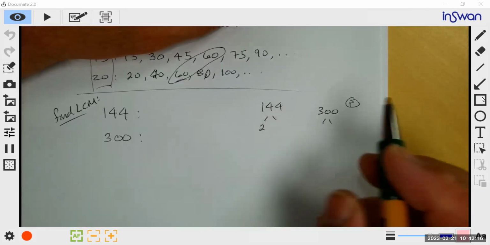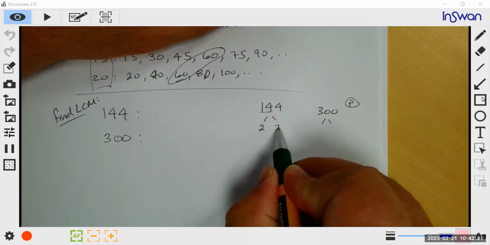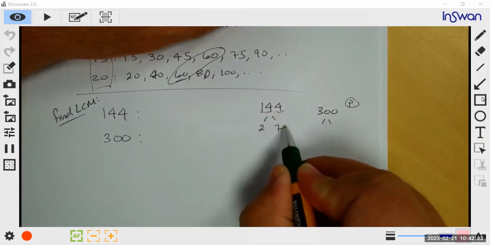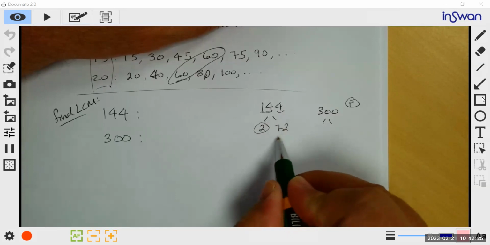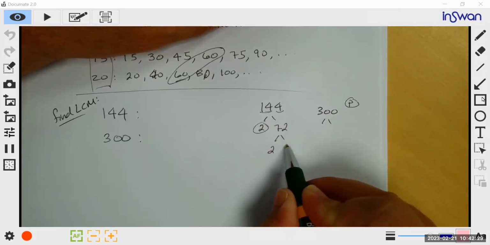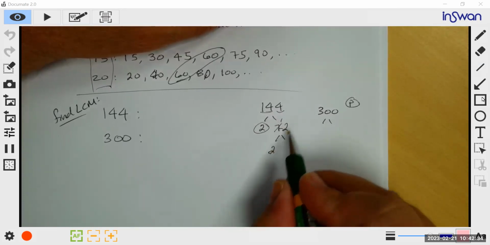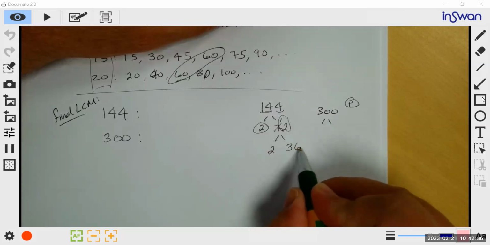2 goes into 144 how many times? 2 goes into 14, 7. 2 goes into 4 twice. 2 goes into 7 how many times? 3, with 1 left over. 2 goes into 12 6 times.